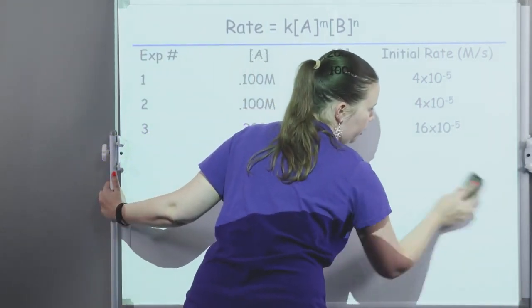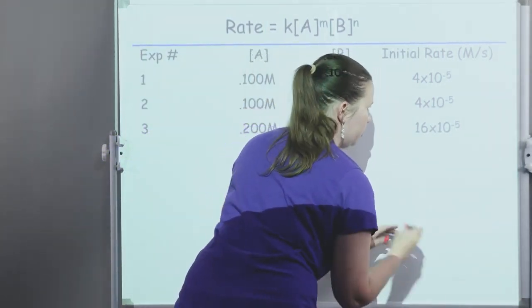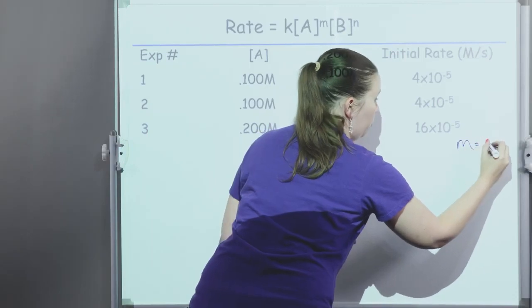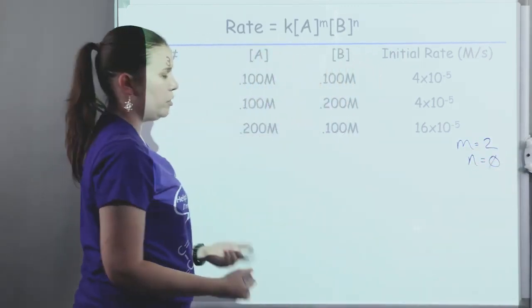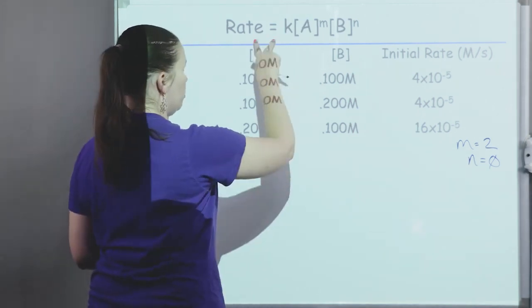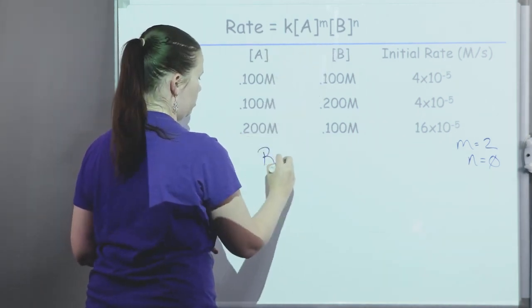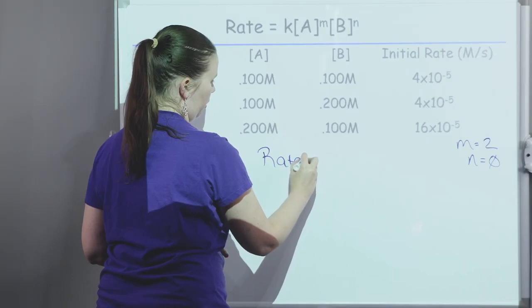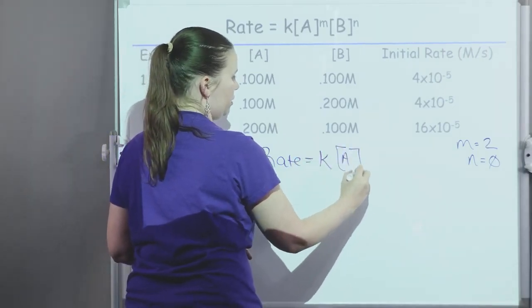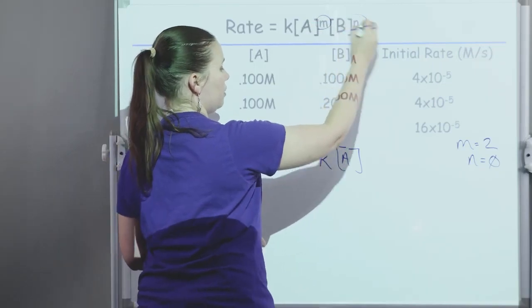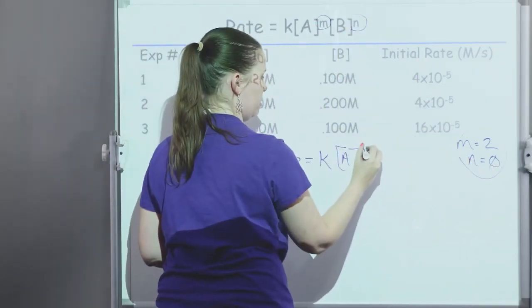In order to find K, oops, I just erased my M and my N. I need to know what M and N are first. And so we just figured out that M is 2 and N is 0. So I'm going to start by basically writing my rate equation so I can bring K into this. But instead of using M and N, I'm actually going to use the numbers now.